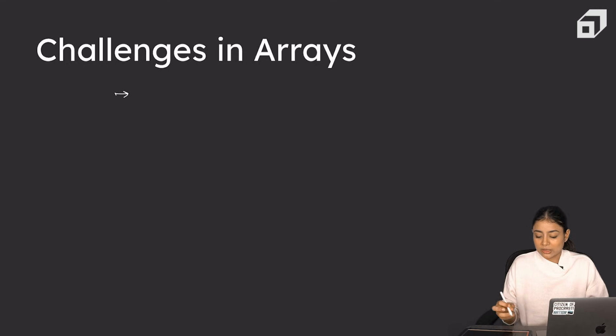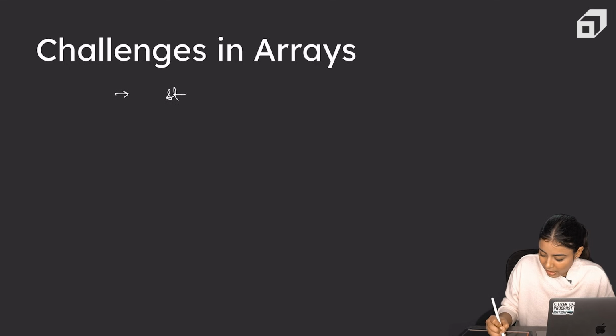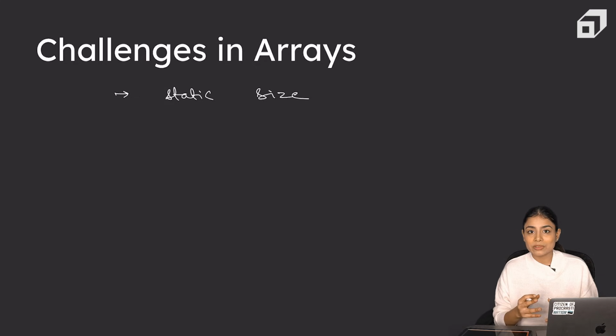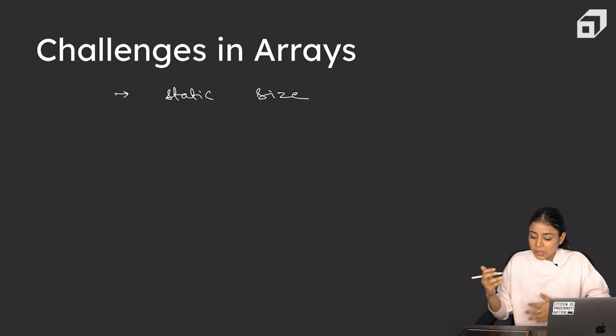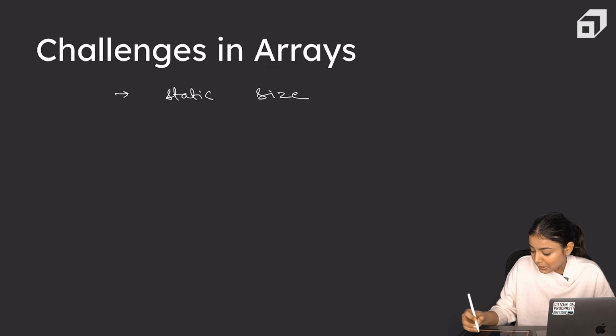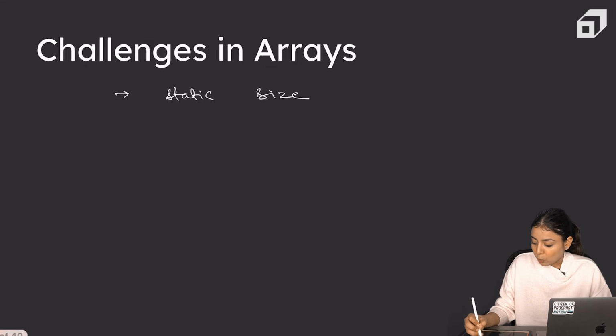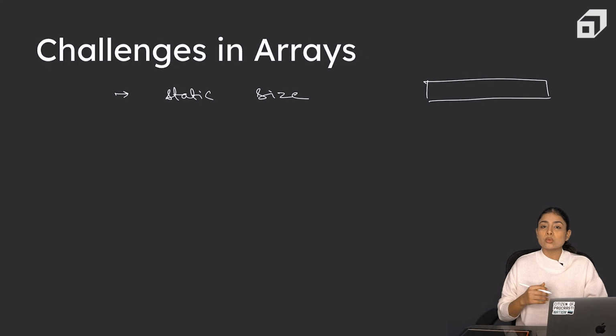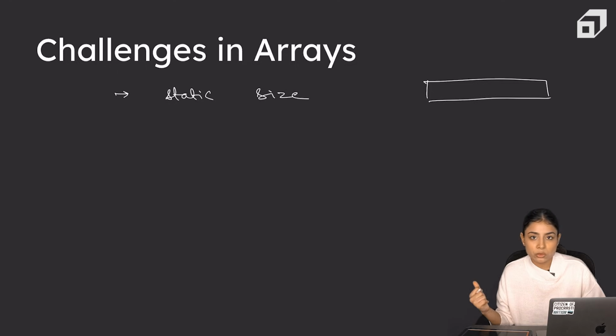Okay, what are some challenges? First of all, arrays are of static size. What does this mean? This means that whenever I create an array, I have to specify the size of the array, and then after creating the array in code, I cannot modify its size. So for example, let's take an example. For example, I want to create an array where I want to store the name of the students who enroll in the course.